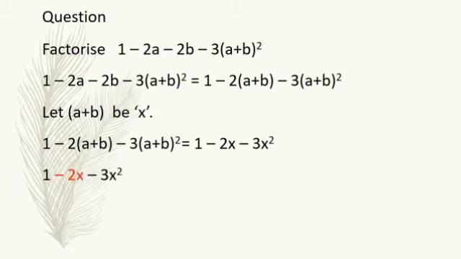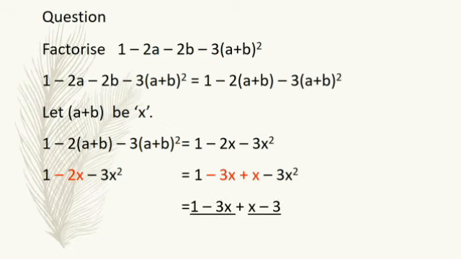Here we split minus 2x into two terms, that is minus 3x plus x. Now by grouping, we get 1 minus 3x in one group and x minus 3x square in another group. In the first group, we have 1 as a common factor.